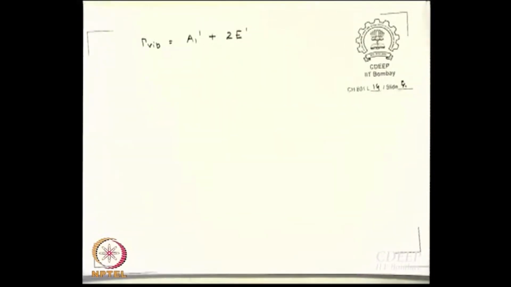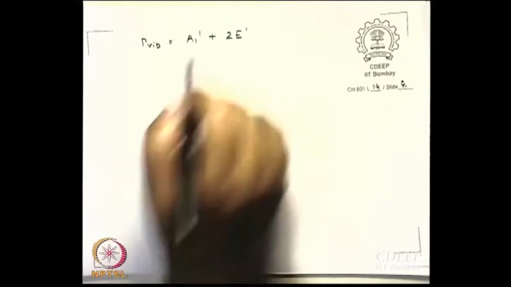I think E dash. Just because there is a 2 outside does not mean it will become E double dash. 2 E dash plus A2 double dash.